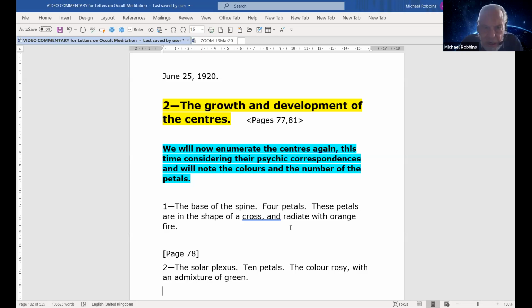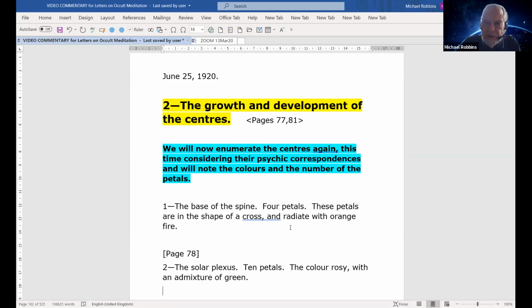So these petals are in the shape of a cross, and hence the foundational nature of the cross, and radiate with orange fire. Now that will connect them somewhat with Vulcan, that rules the head center.